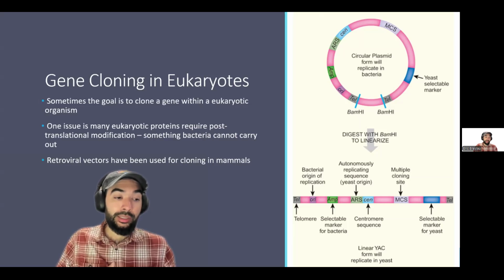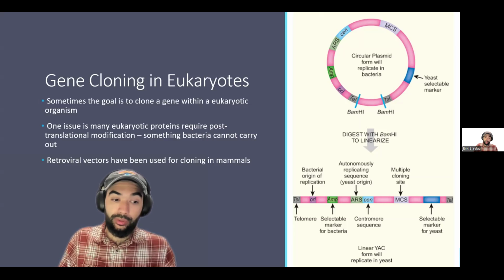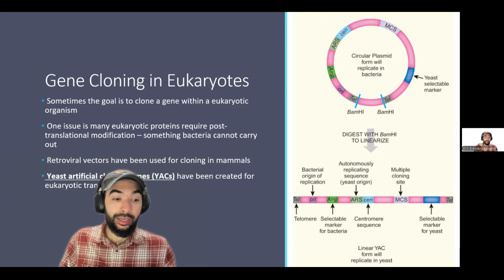What we can do is use retroviral vectors, but the other one I wanted to talk more about was genes or chromosomes that we have in eukaryotic organisms.